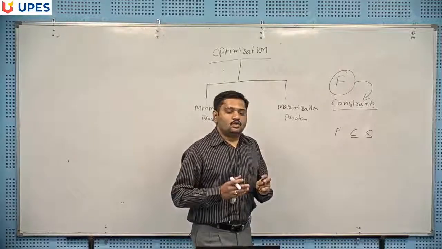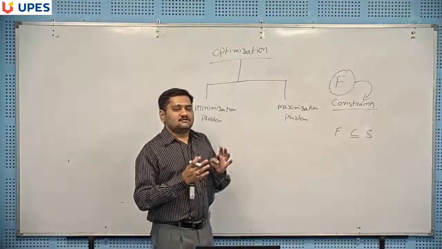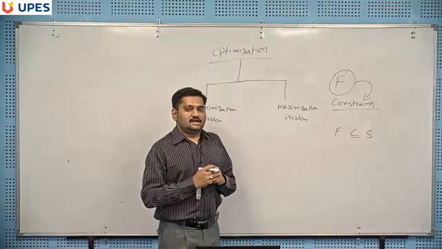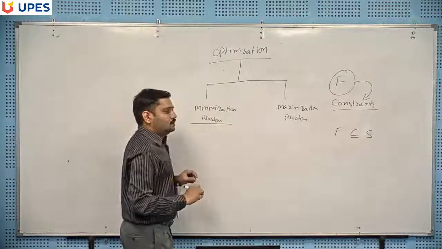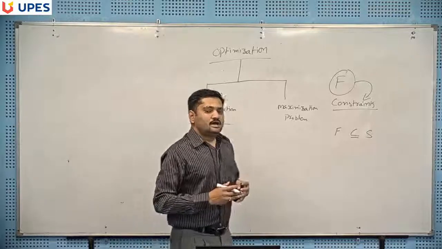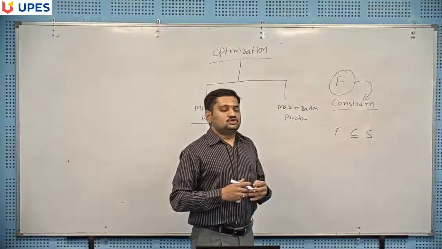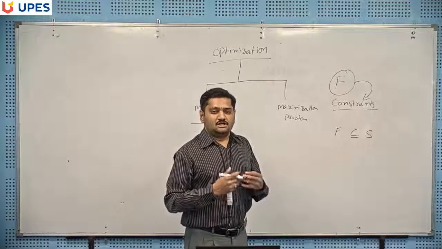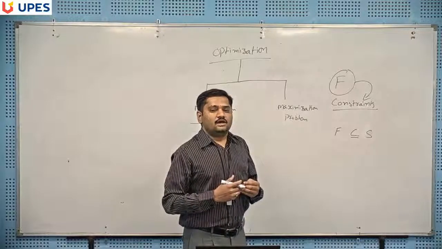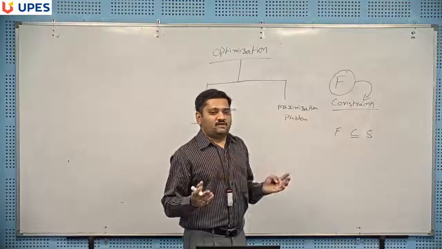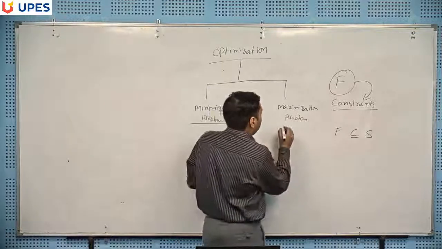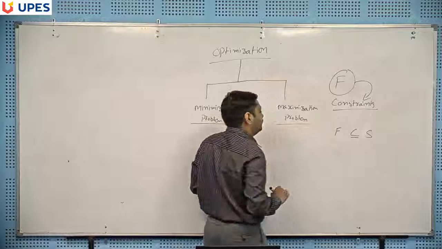In the sense, we want to reduce the cost of the problem. In that case, we will go for the minimization problem. If we are dealing with resource allocation, or with certain problems where we want to maximize the profit, in that case we will deal with the maximization problem.